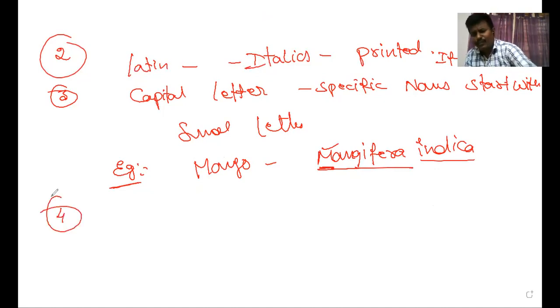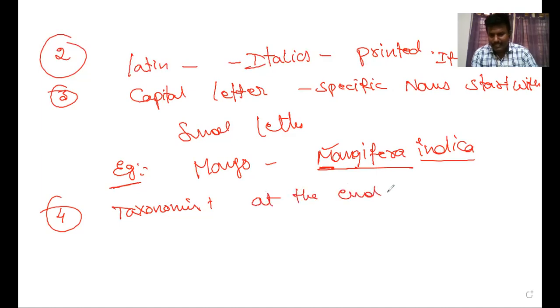Fourth, the name of the taxonomist, the scientist, should be added at the end of the specific name. For example, in Mangifera indica, whoever gave the scientific name, that taxonomist's name we have to add.